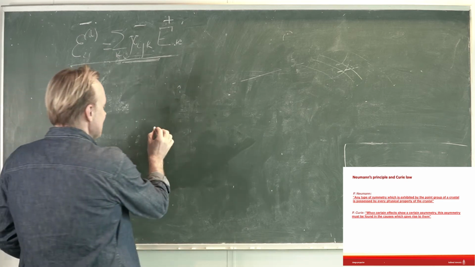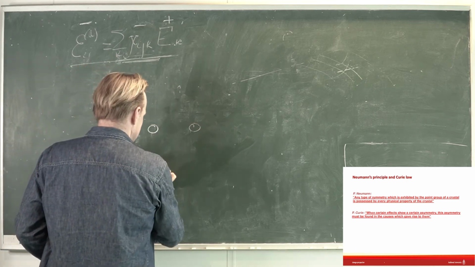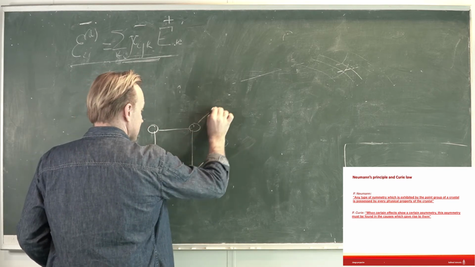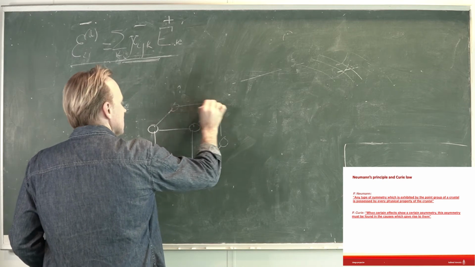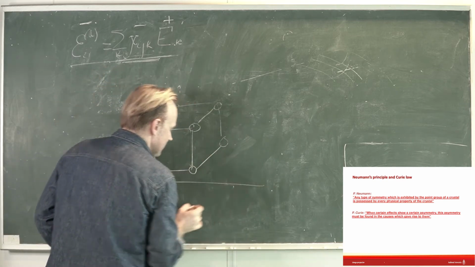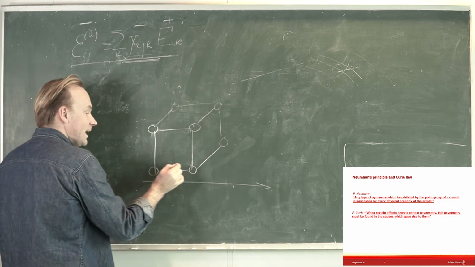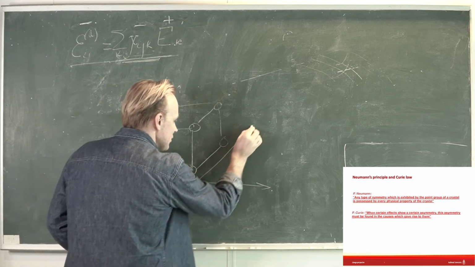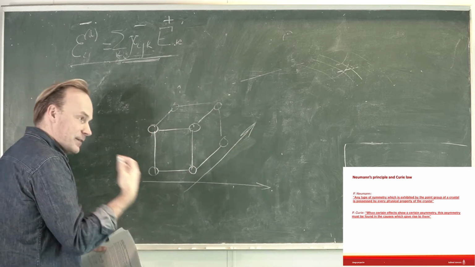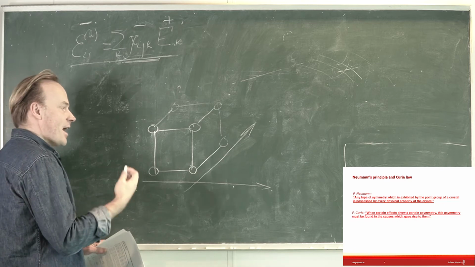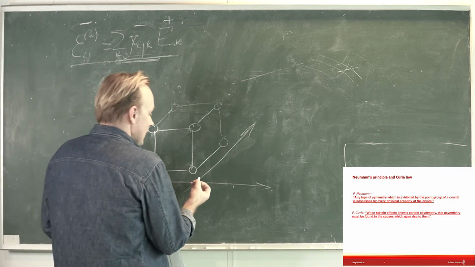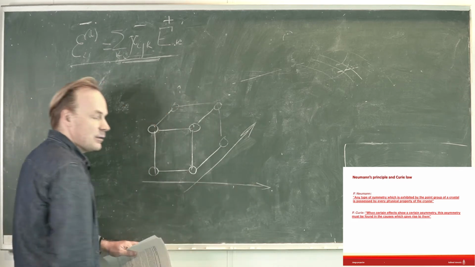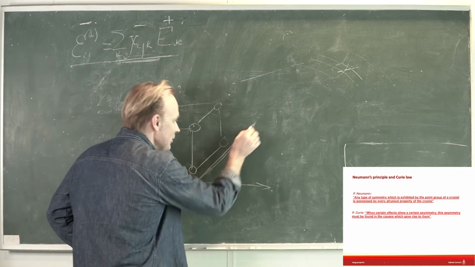What does it mean? It means that if you have a crystal with a certain crystal structure, and if you go along one direction you might find one type of atoms arranged in one way, and if you go in another direction, you find the very same type of atoms arranged in the very same way, then there is no reason to claim that the properties of the medium in this direction would be different than the properties of this medium in this direction.